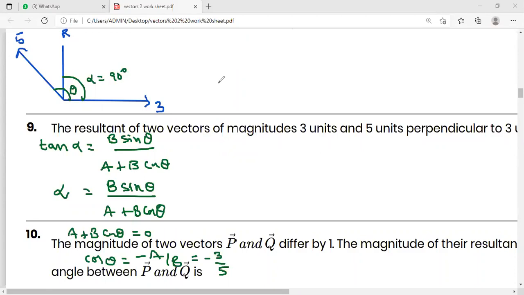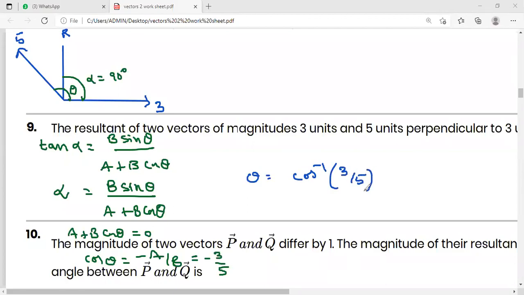Cos inverse of minus 3 by 5. That's it. Simply, finally, you can write theta equals cos inverse of minus 3 by 5. Okay, so the final answer I will write here.